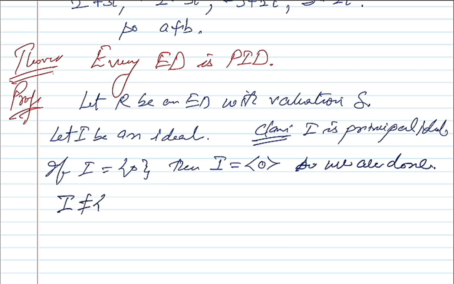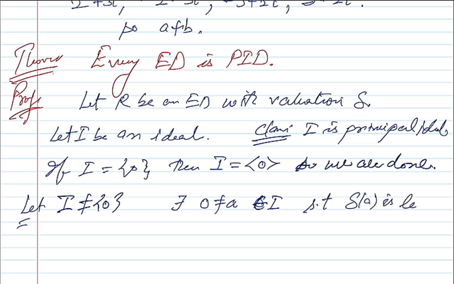Therefore, we have to suppose I is non-zero. So there exists a non-zero element A belonging to I such that delta A is the least.